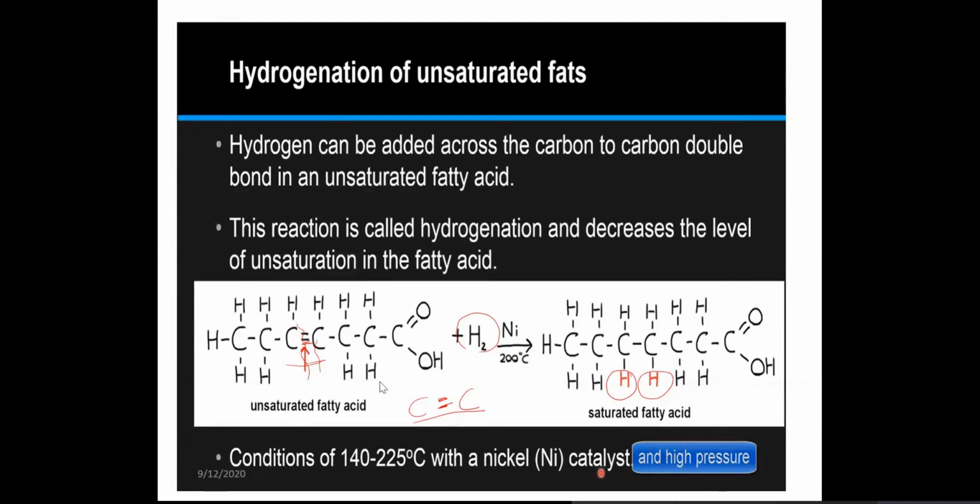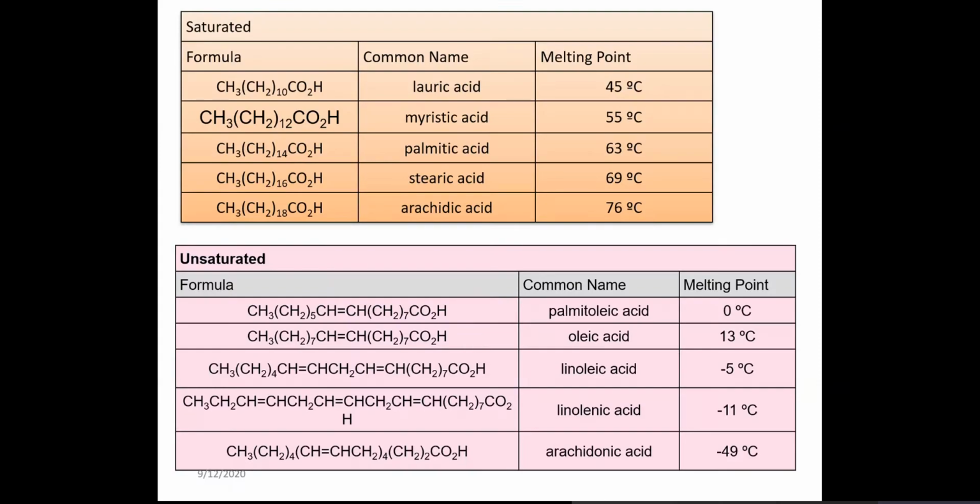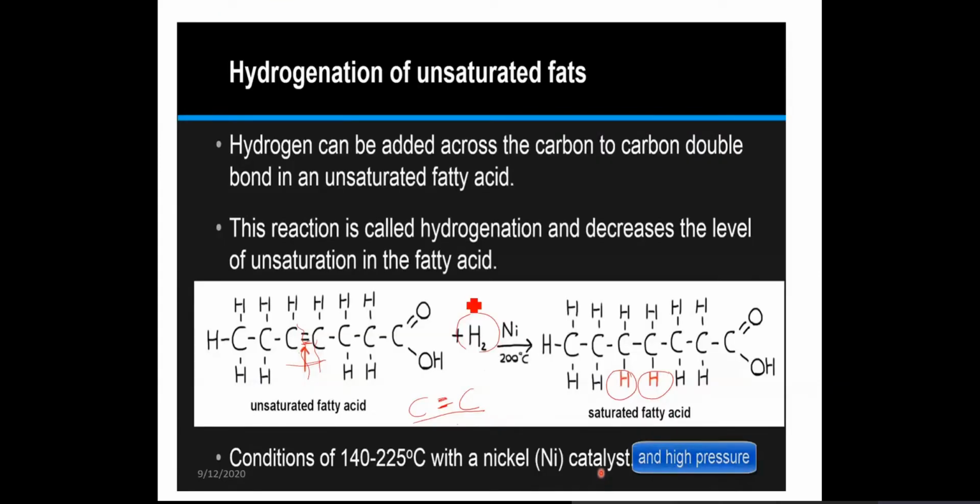The reaction takes place at a high pressure and temperature. There are multiple factors that affect this process, but it is conducted at high pressure and in the presence of the catalyst nickel.